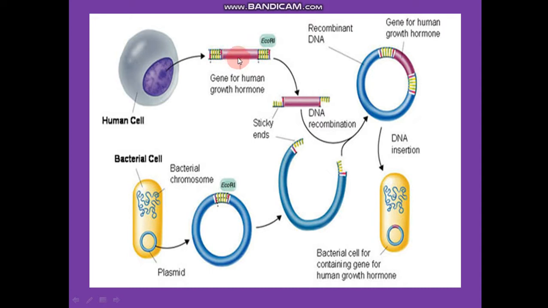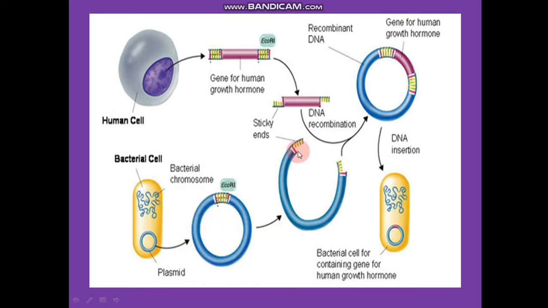So we are taking that particular portion of DNA out. We have kept it. Now we are getting our carrier, the vector, ready. This is a bacterial cell. The plasmid DNA is taken out.